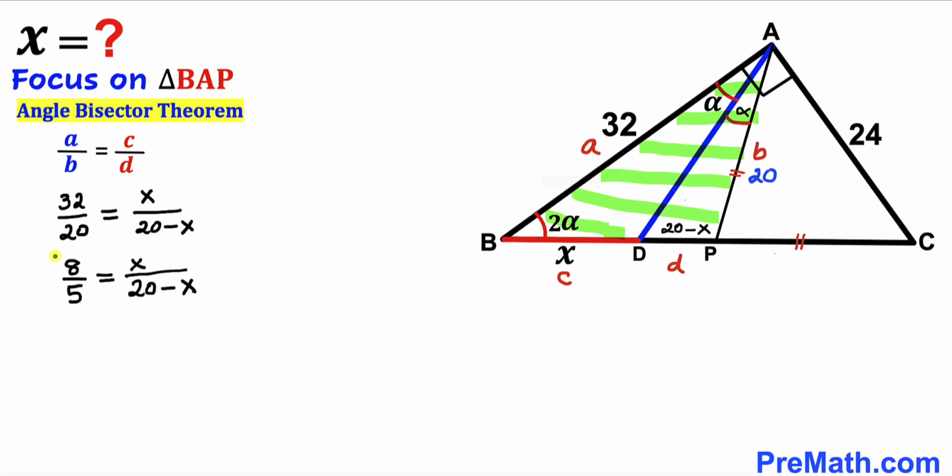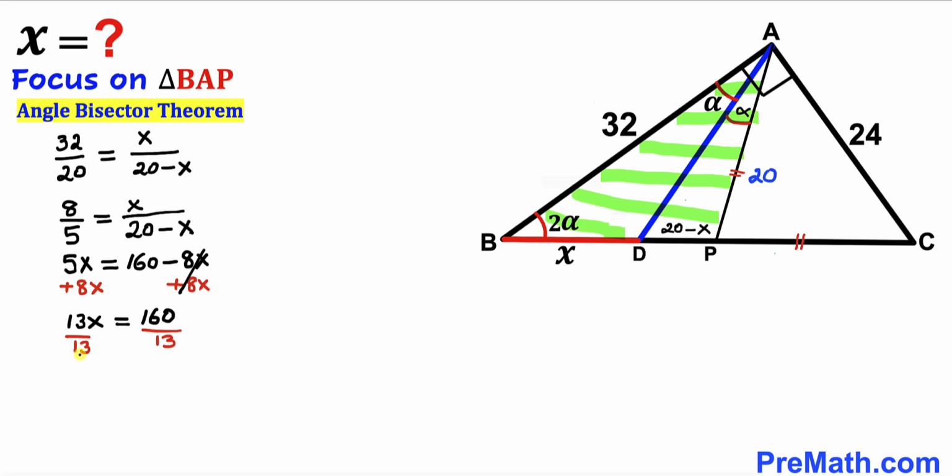And now let's go ahead and cross multiply. So we are going to get 5 times x equals 160 minus 8 times x. Now let's go ahead and add 8x on both sides. This is gone. So on the left hand side we got 13 times x equals 160.